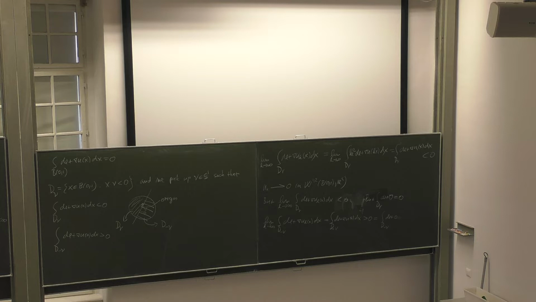Because if you do this construction on the whole ball, so Omega is a ball, then these two sum up, and then you get the right result by chance. So somehow you cannot really say what happens in case p equals n. You may have all results. You may have a counterexample to weak sequential lower semicontinuity.